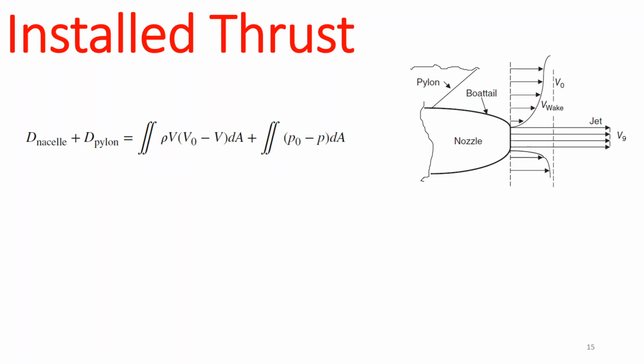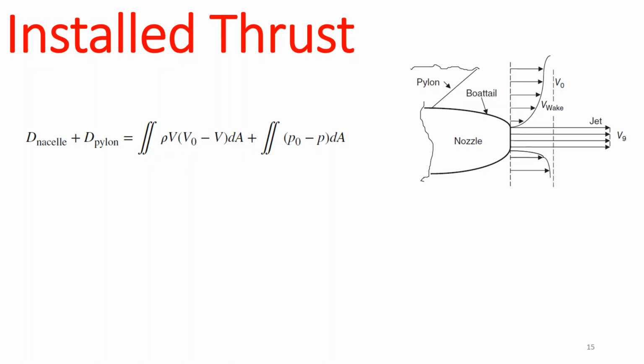So the first part on the right-hand side refers to the momentum that is going to be acting on your control volume. And the second part of the right-hand side is essentially going to be your pressure forces. Okay?